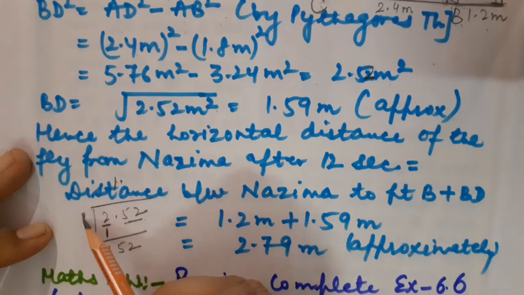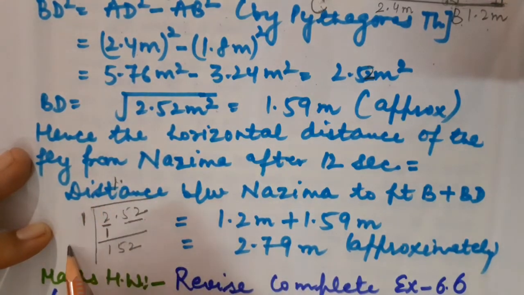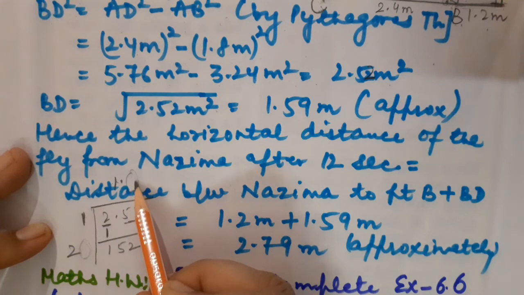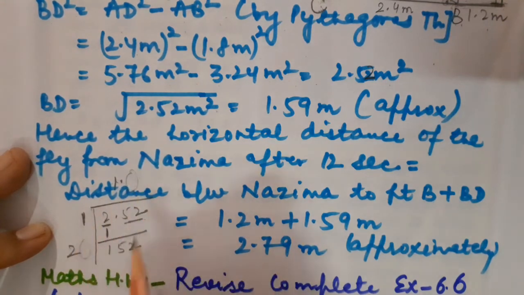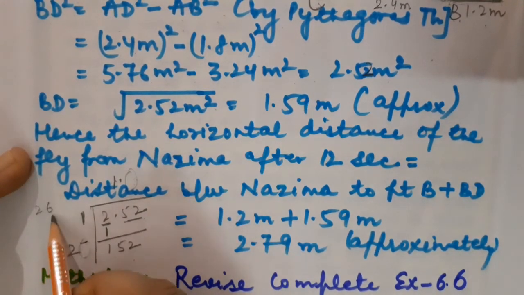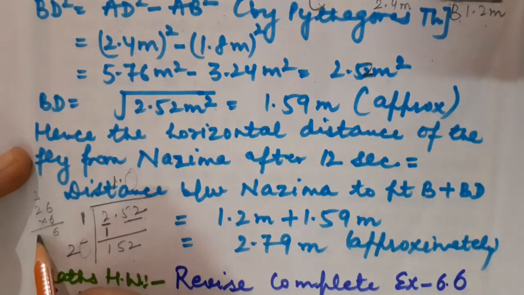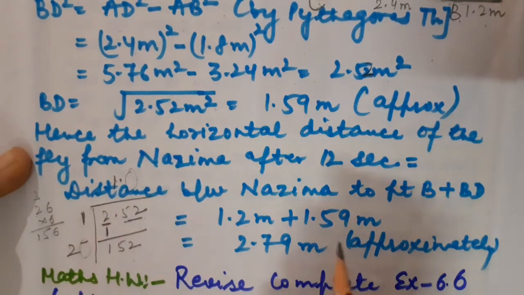So now what we have to do, we will have to add them and you have to place it over here. Clear? Now I want a number here as well as the same number here also, so that I can multiply them and either I can get 152 or the number less than it. So let us try it on 6. So 26 into 6. 6 6s are 36. This is 3. 6 2s are 12 plus 3, it will be 156.